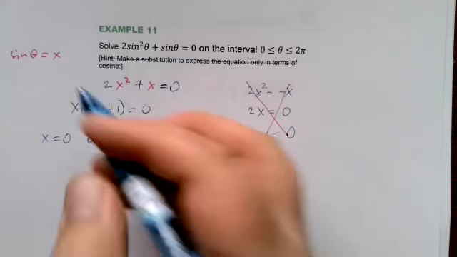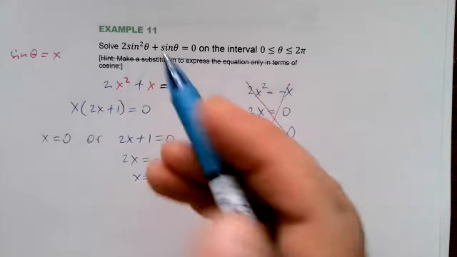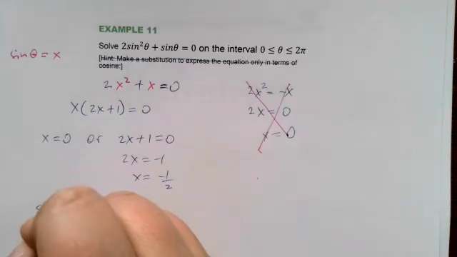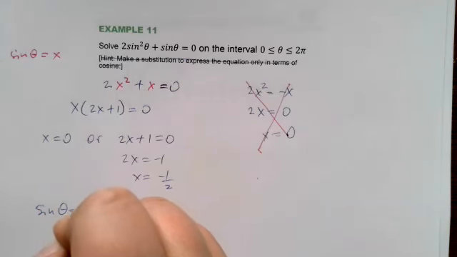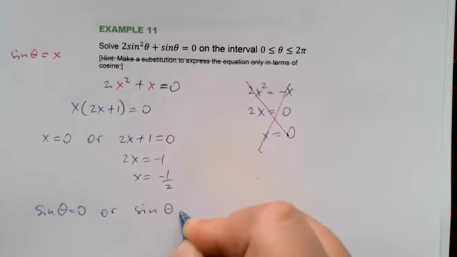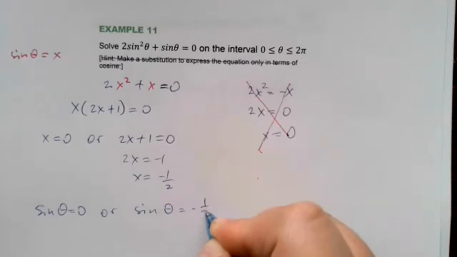And then you're substituting your sine theta back in. So you're going to have sine theta equals 0, or sine theta equals -1/2, which are now basic trig equations that I believe you can solve by yourself.